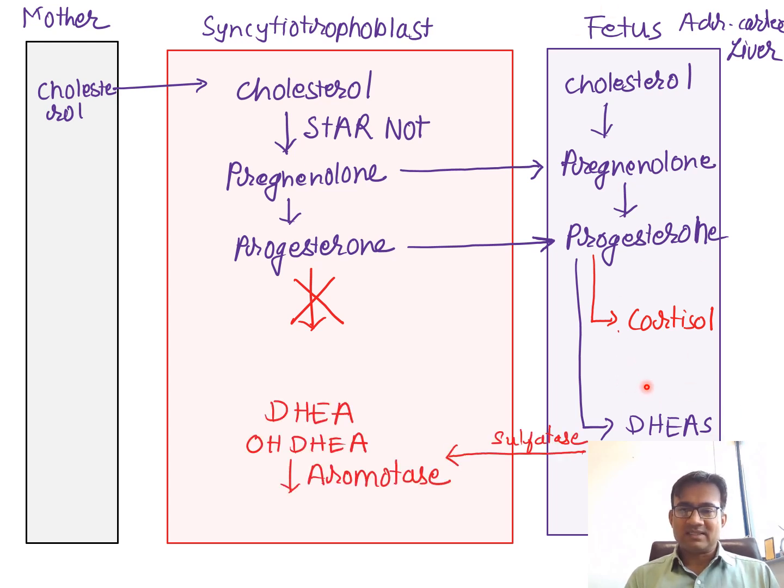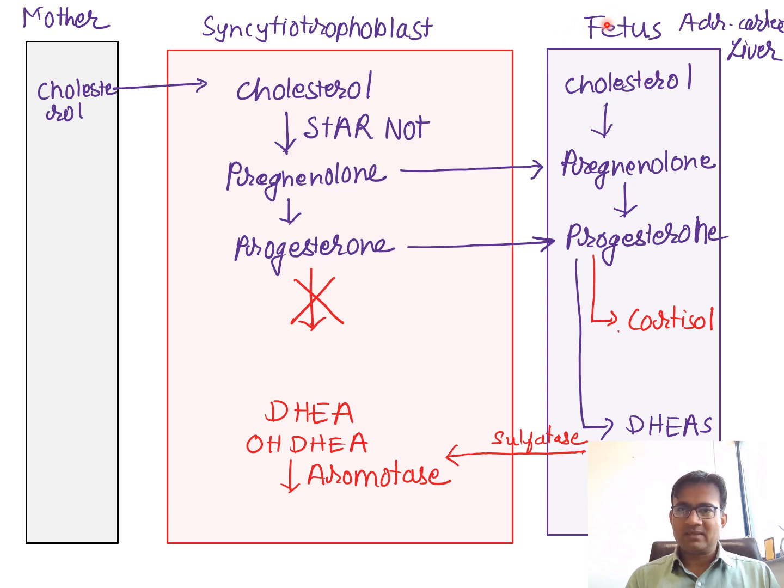Now this DHEAS, and I was telling about hydroxy DHEAS, what will occur is that the sulfate group will be removed, and this will be reaching here as DHEA and hydroxy DHEA. Now see here, this is the aromatase enzyme. Aromatase enzyme is absent in the fetus.